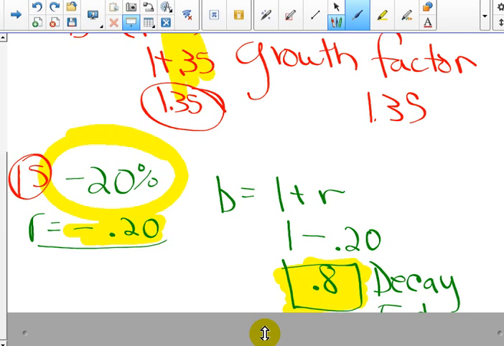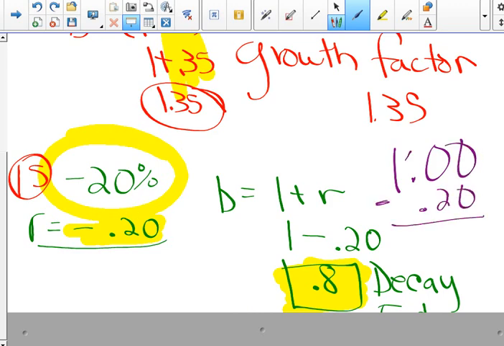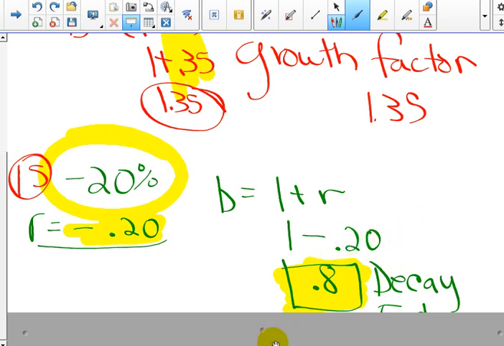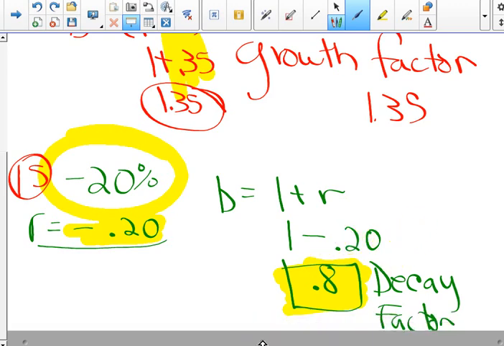So what is that going to be? An increase, or a growth, or a decay? Because when you take 1.00 and you subtract 0.20, you get 0.80. So that takes us between 0 and 1, so it's a decay factor.